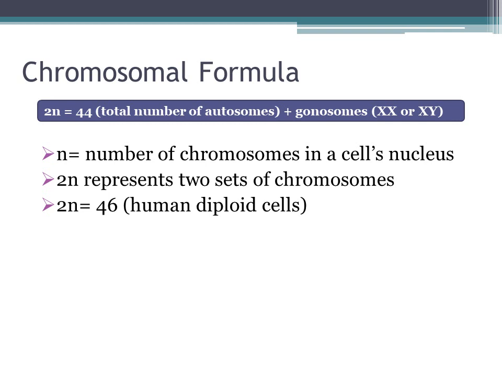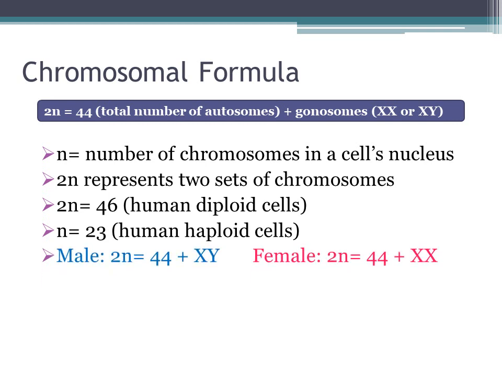So in a human diploid cell, the chromosomal formula will be 2n equals 46, which is the total number of chromosomes, while in human haploid cells, the total number of chromosomes is 23, so n will be equal to 23. Diploid cells and haploid cells will be explained in the next video.